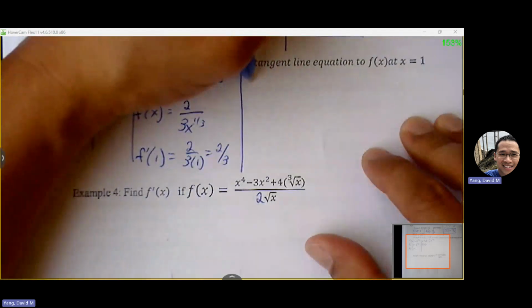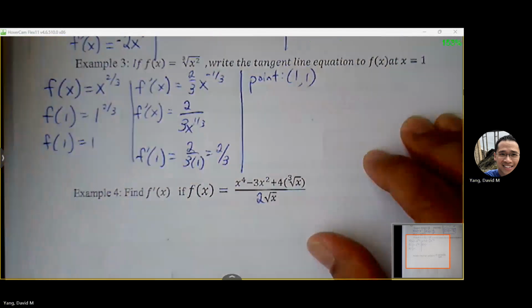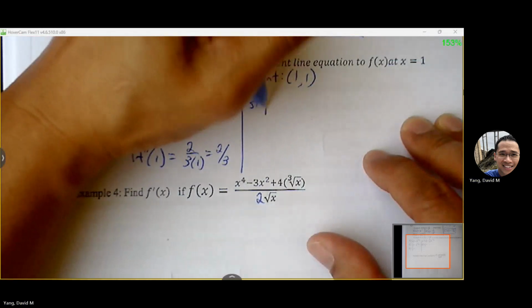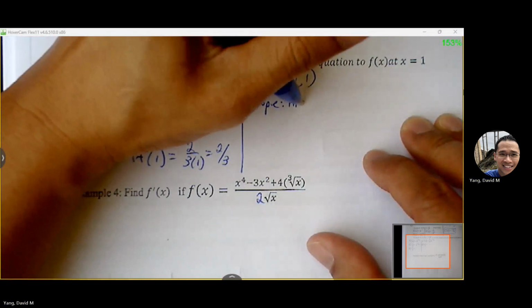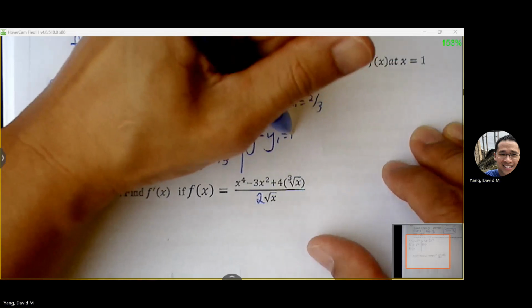Okay, so I have my point. I have my slope. And I can just put it into my point slope form.